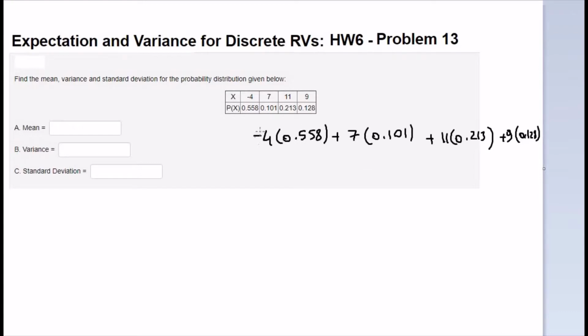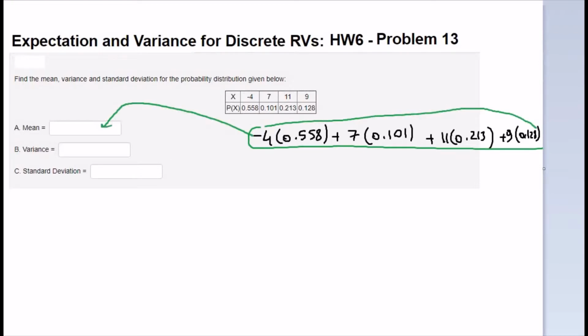So this is our mean or expectation. If you plug this into your calculator, you're going to obtain 1.97.